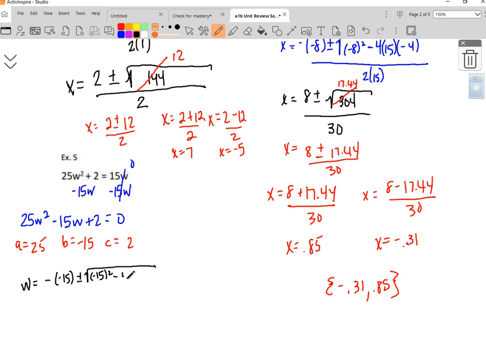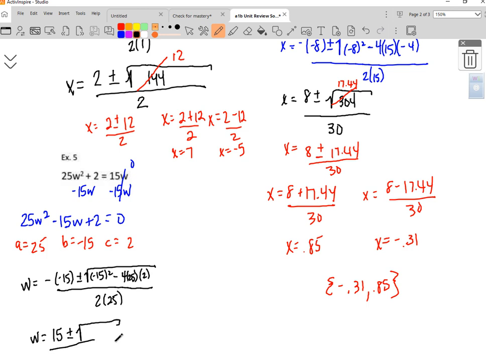Minus 4 times a, which is 25, and times c, which is positive 2, all over 2 times 25. So w equals, opposite of a negative is a positive 15, plus and minus.